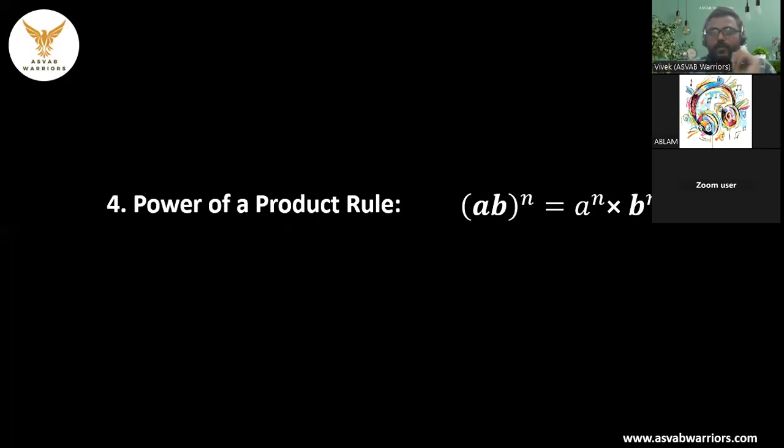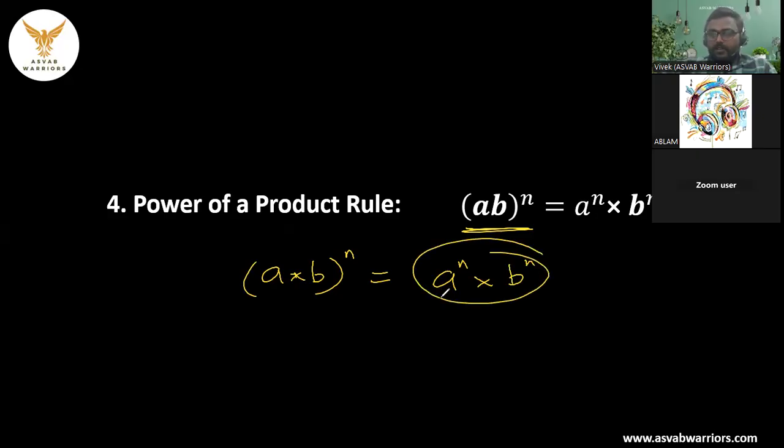power of a product rule. Many students get confused with this law. Power of a product. Let's say there is A times B and both of them are raised to the power n. So, what do you do? A to the power n times B to the power n. Now, if it was m times n to the power 6, what will we do?